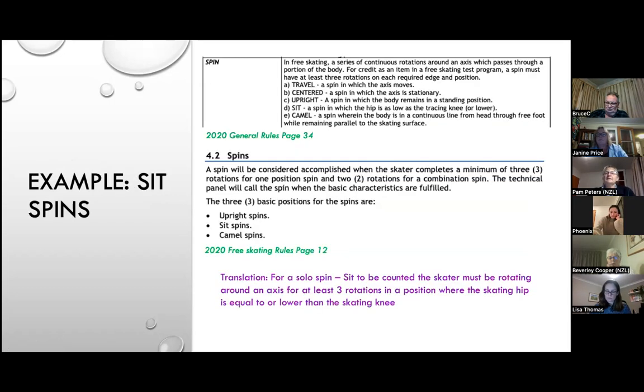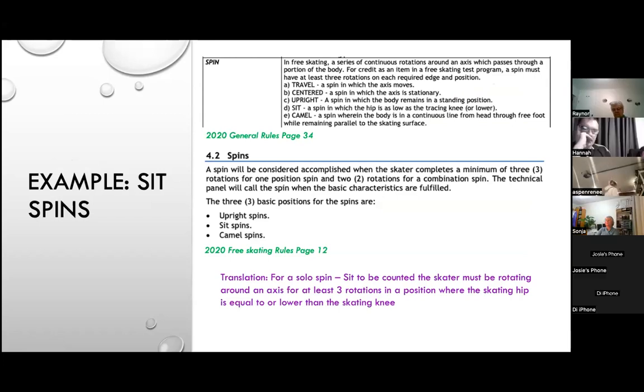Okay, so if we take a look at spins, the rulebook says that it's a series of continuous rotations around an axis, which passes through a portion of the body. So in our old rules in 2020, it said that for a test program, for example, a spin must have at least 3 rotations on the required edge in the required position.